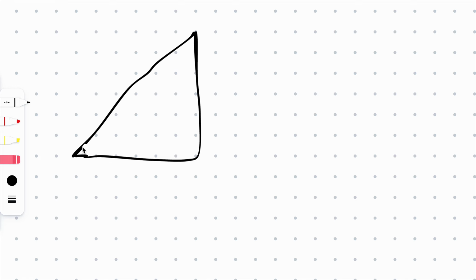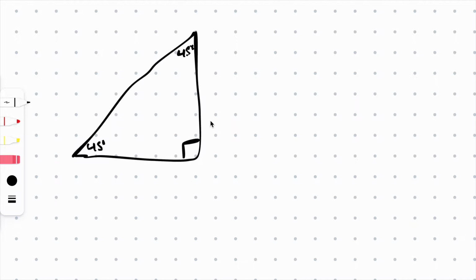So first, I'm going to talk about some special right triangles, okay? First we have a 45, 45, 90 triangle, where this angle is equal to 45 degrees, this angle is equal to 45 degrees, and this is a 90-degree angle, a right angle, okay?